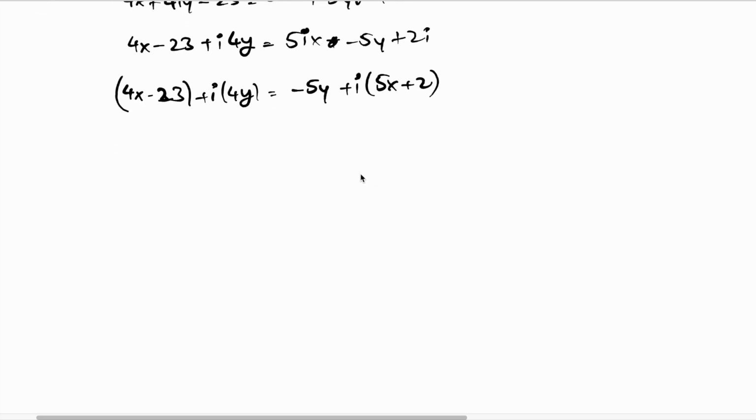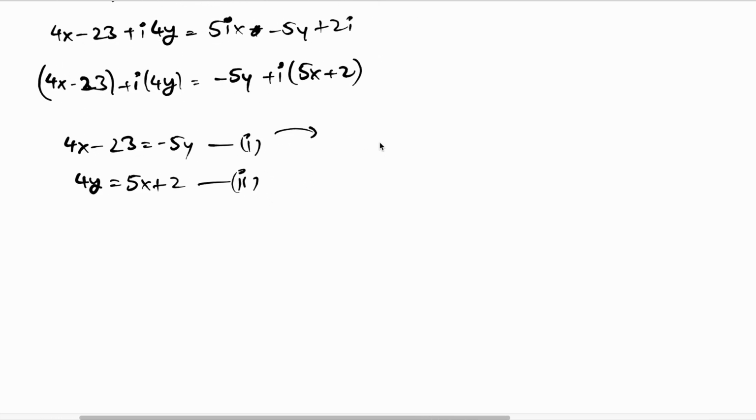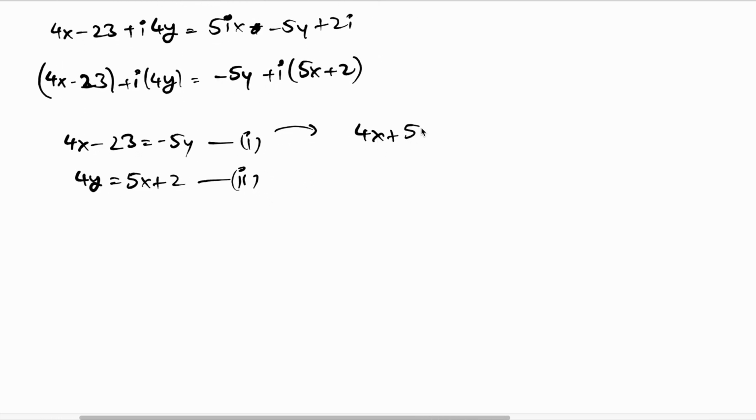So comparing the real part with the imaginary part, 4x minus 23 equals minus 5y. That's my first equation. And my second equation is 4y equals 5x plus 2. So my equations become 4x plus 5y equals 23 and minus 5x plus 4y equals 2.